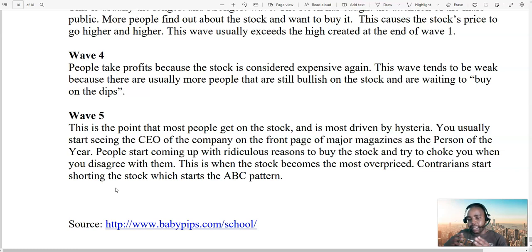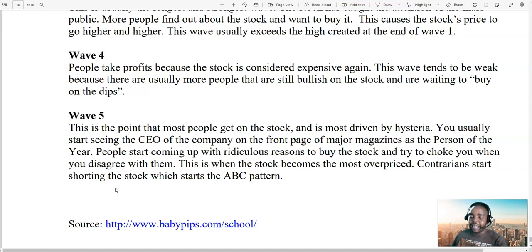But be assured that the Elliott wave theory applies not only in the uptrend but also in the downtrend. There is negative hysteria in the case of cryptocurrencies, the hysteria that FTX has gone down or gone bankrupt.